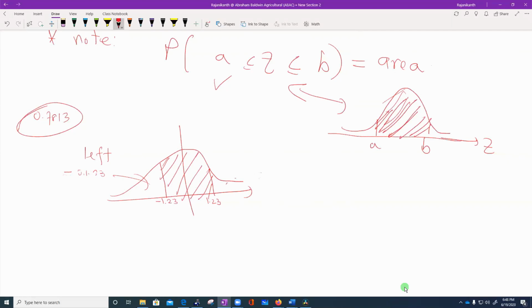That means this side area should also be the same, right? Yes, sir. Now subtract it from 1, 2 times 0.1093. Is that the way you did? Yes, sir. Then what answer did you get? I got 0.7814. Nice, only a very, very small difference, right?